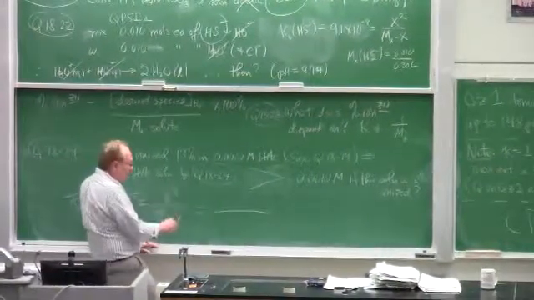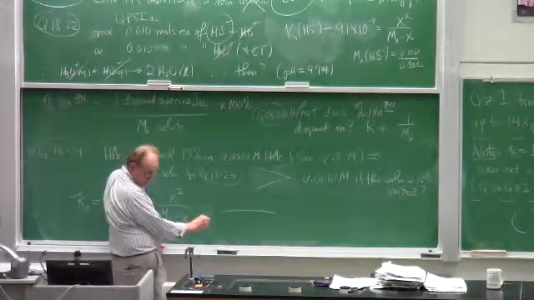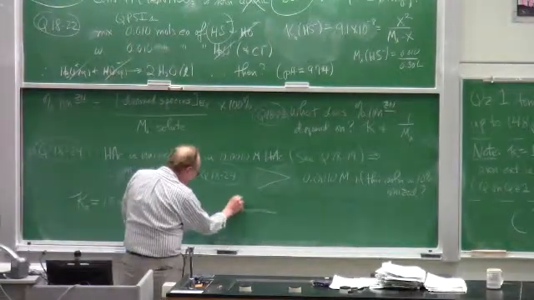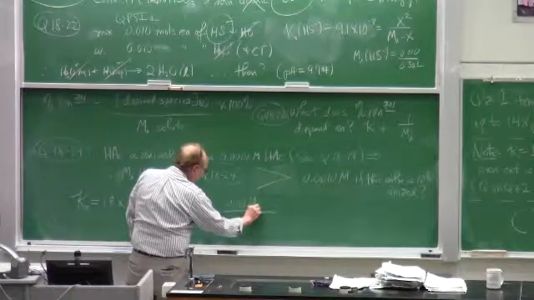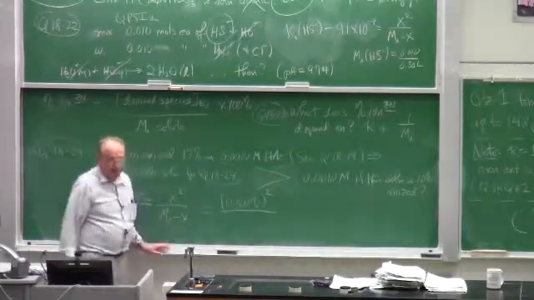And then I'm going to square it. 0.1 m sub I. If you leave out this, game is over.